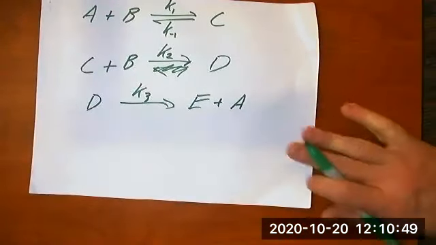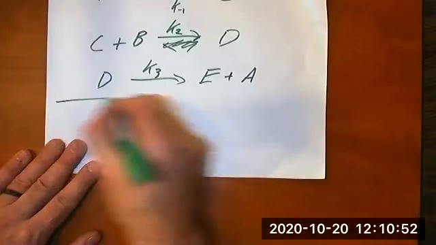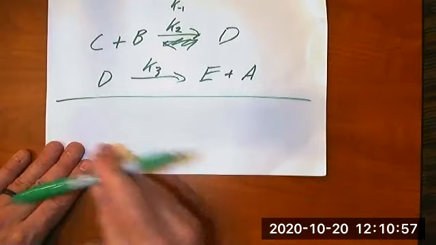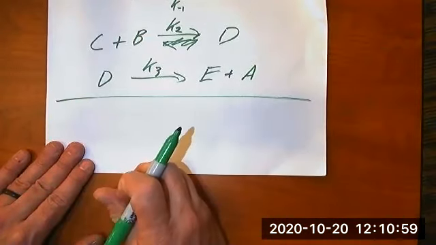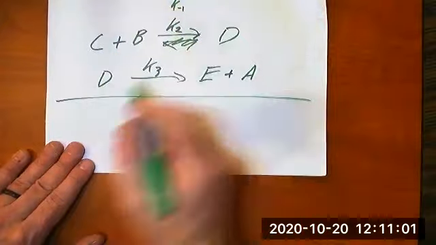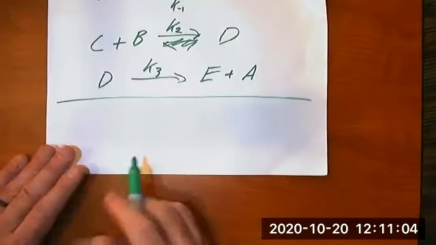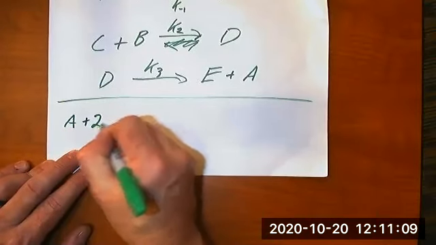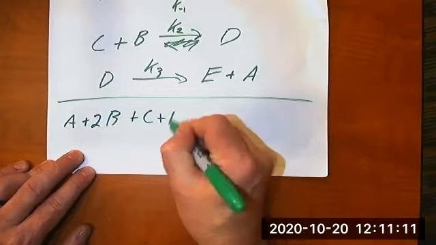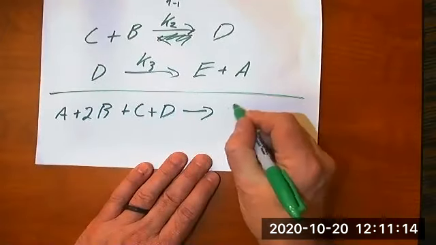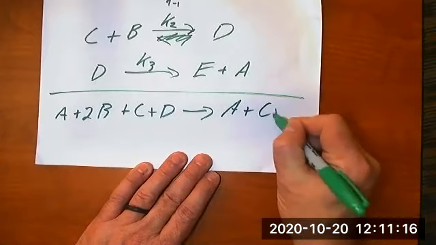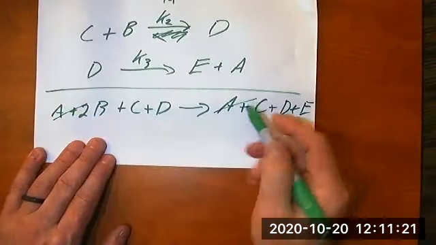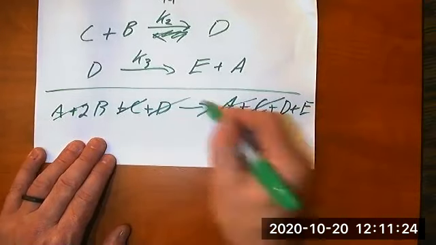So in this mechanism, our overall reaction, and this would be some good practice for you to do, is to go through and look at what reactants you have, what products you have, and then what the overall reaction would be. So in this case, we would have A plus 2B plus C plus D goes to A plus C plus D plus E, and the A's cancel out, the C's cancel out, and the D's cancel out.